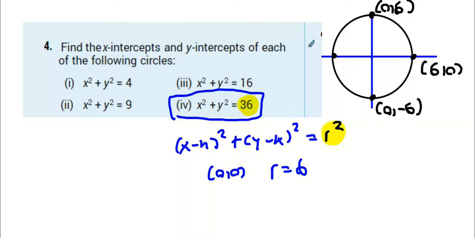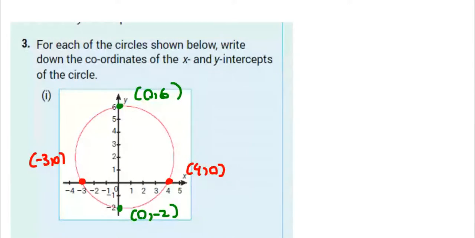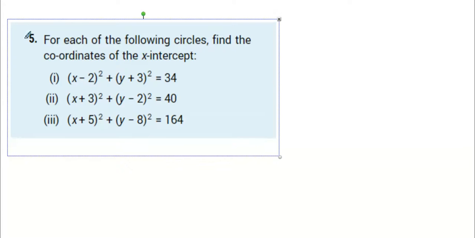Then after this, -6, 0. It's the same for all of them, no matter which one you do. For question 4, the center is always 0, 0, and you're just getting the radius and figuring it out. Where it gets more difficult is in questions like question 5.